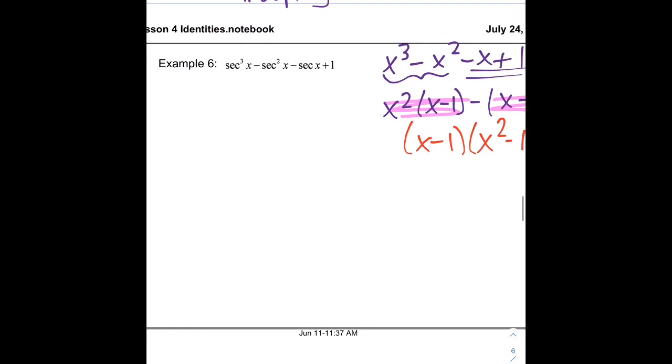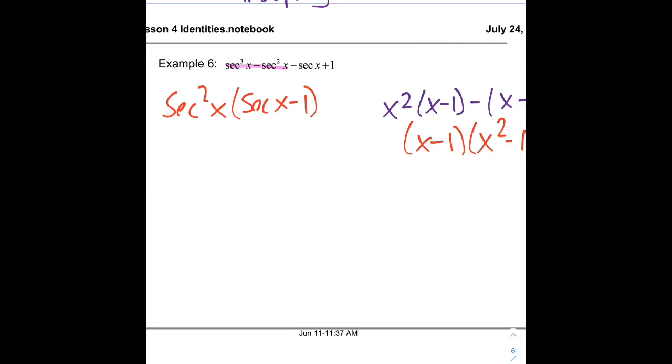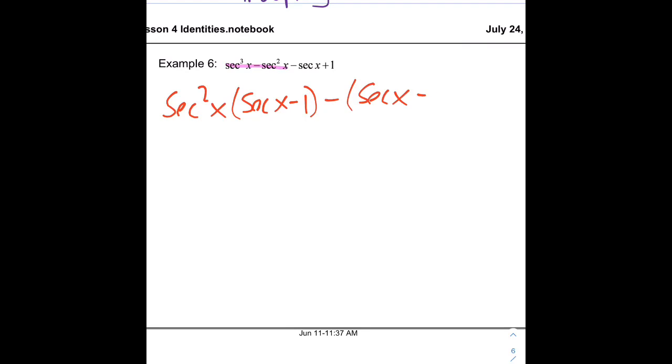So what does that look like in our problem? Well, if I look at the first two terms, they share a secant squared of x in common, leaving me with a secant x minus 1. Then, if I look at the back two terms, I'm going to take out a negative so that I get a secant x minus 1.